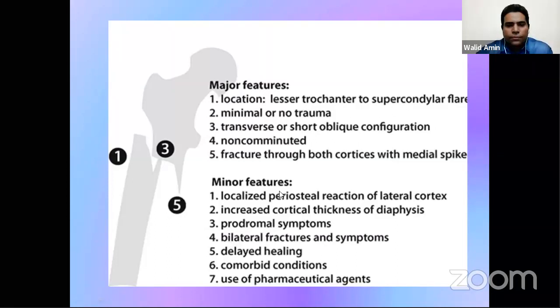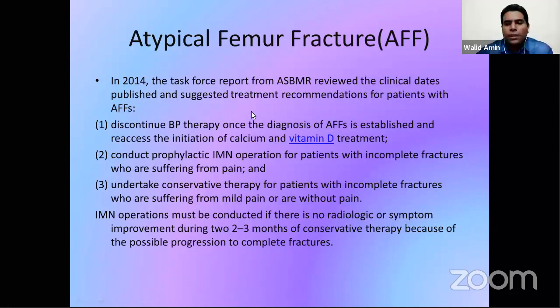Regarding atypical femur fractures, in 2014 the task force report reviewed the clinical data published and suggested treatment recommendations for patients with atypical femur fracture: to discontinue bisphosphonate therapy once the diagnosis of atypical femur fracture is established, and reassess the initiation of calcium and vitamin D treatment.